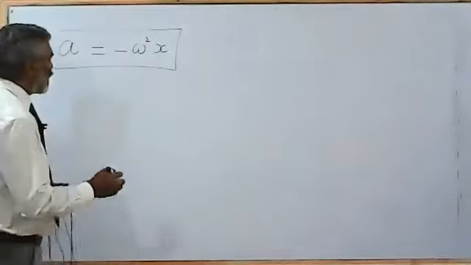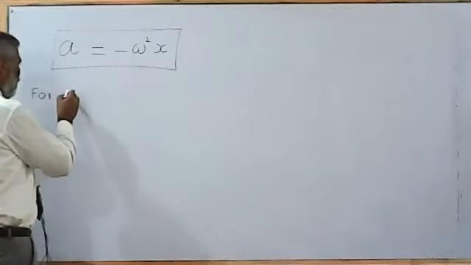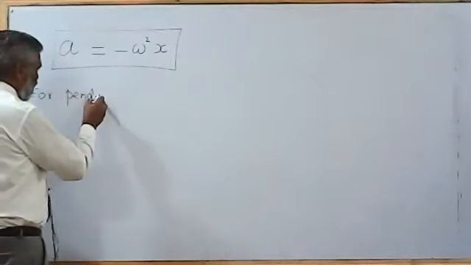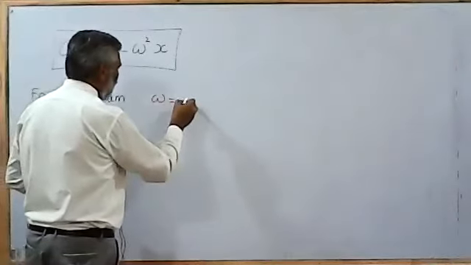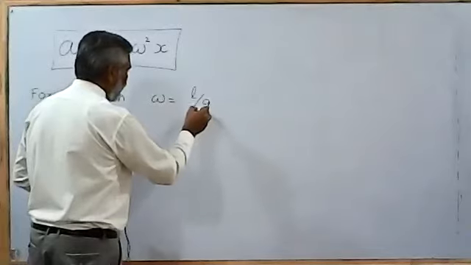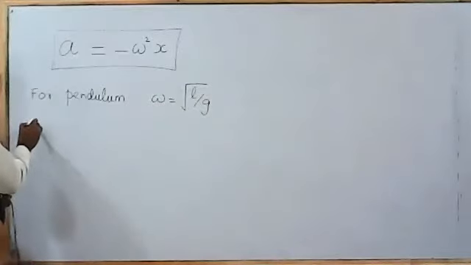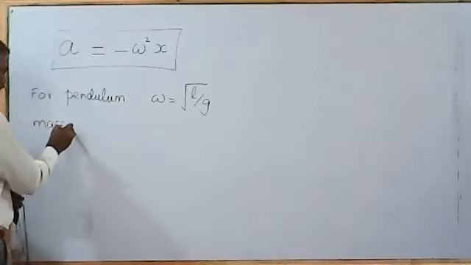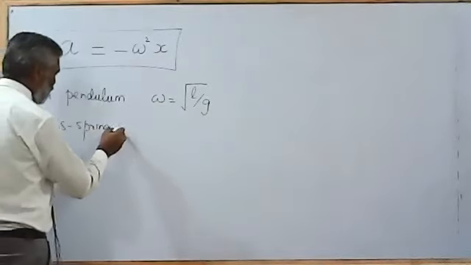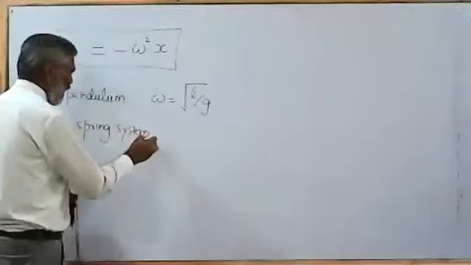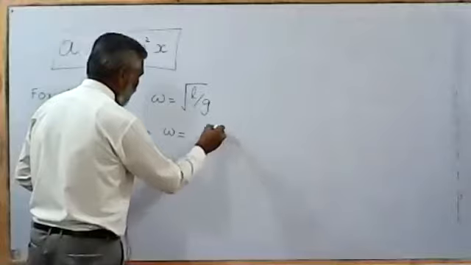We learned that for a simple pendulum, we derived the expression for omega to be root of g over L. Similarly, for a mass spring system, omega has its own unique expression, that was root of k over m.